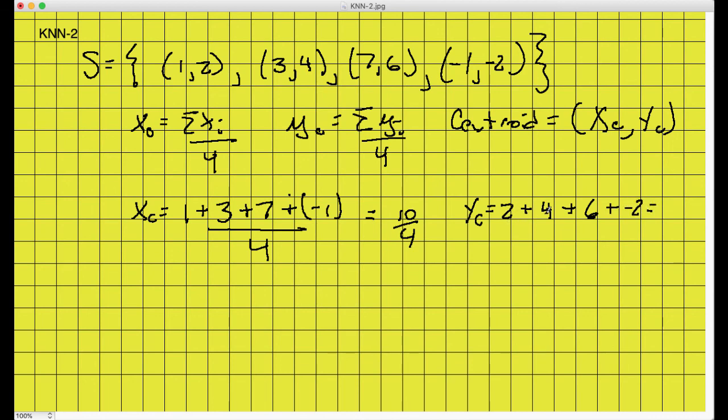And let's see, 2 plus 4 is 6, 6 and 6 is 12, -2 is 10 over 4. Oh, look at that. So it turns out that the centroid is equal to 10 over 4, comma, 10 over 4. Okay?